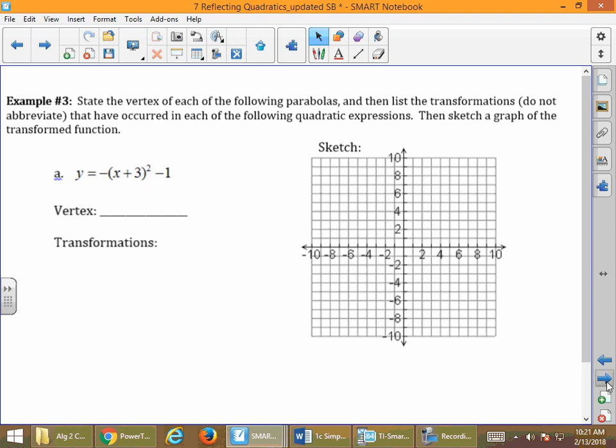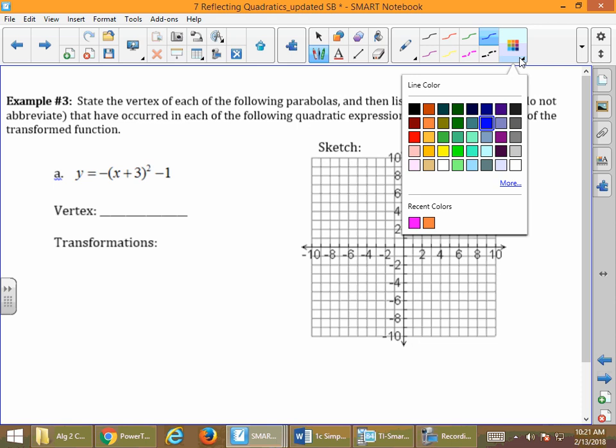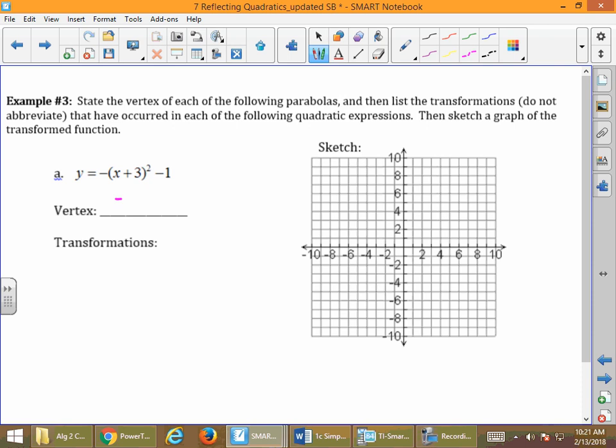That's what we really spent our time on yesterday, the turning point, also known as the vertex. In this particular problem, we're going to change the sign and keep the sign. Change the sign on the group. Keep the sign. There's our turning point. That's our vertex.